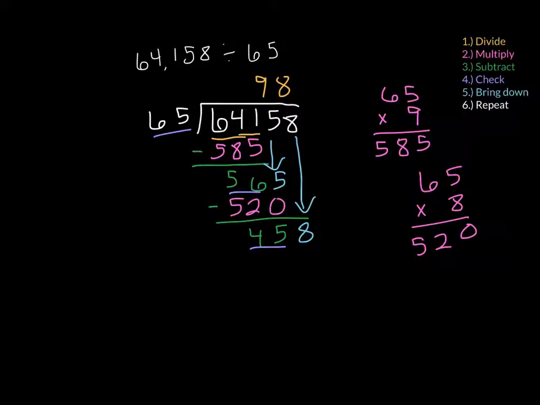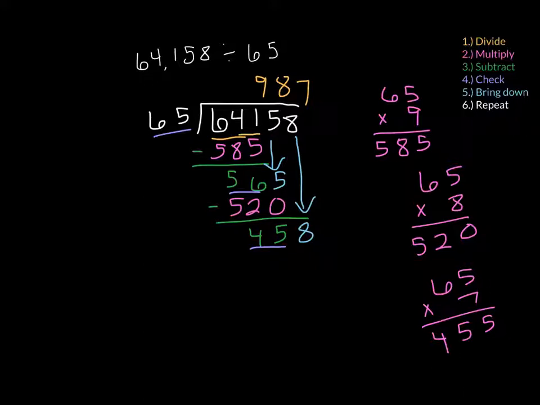Alright, let's divide again. Now 65 is between 60 and 70. 60 would go into 450 about 7 times, and 70 would go in about 6 times. So let's try the 7 first. 65 times 7 would be 35, 45.